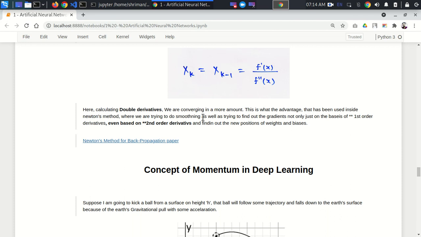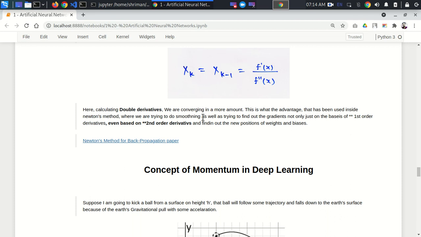So this is the advantage used inside Newton's method, where we are trying to do smoothing as well as find the gradients, not only on the basis of first order derivatives, but even second order derivatives, and finding the new positions of weights and biases again.